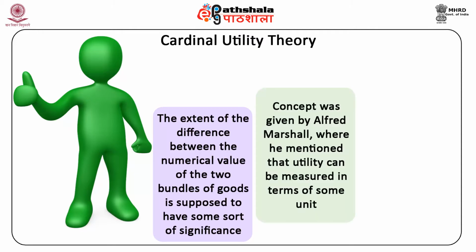This concept was given by Alfred Marshall, where he mentioned that utility can be measured in terms of some unit. For example, if we have a cup of tea, then we are able to give an exact measure of satisfaction derived from that cup of tea.